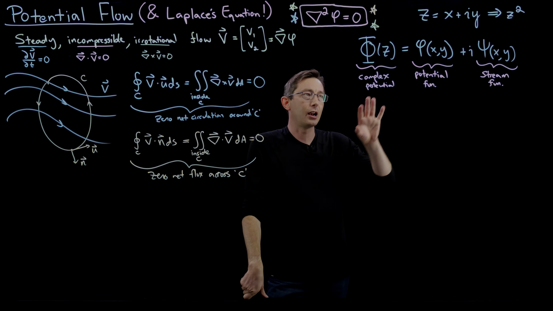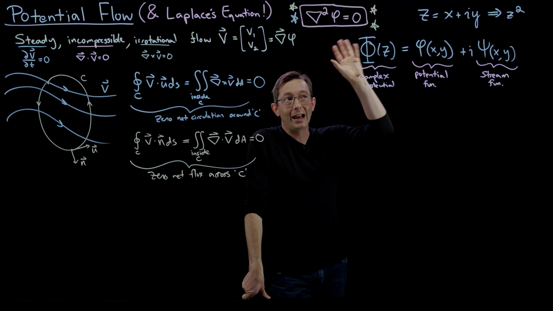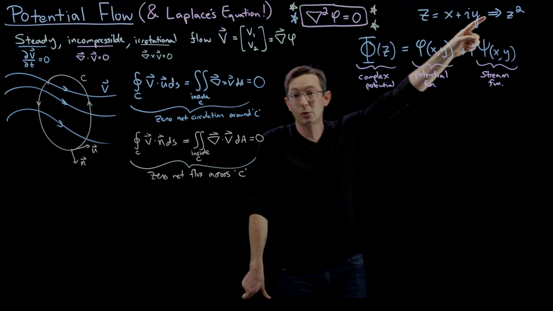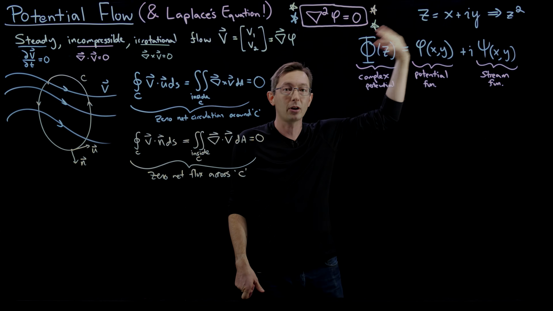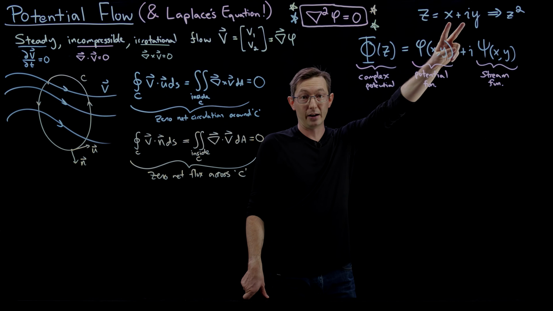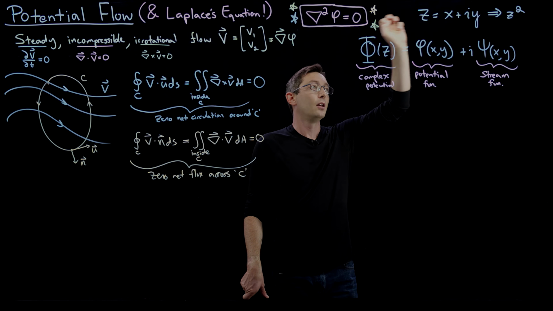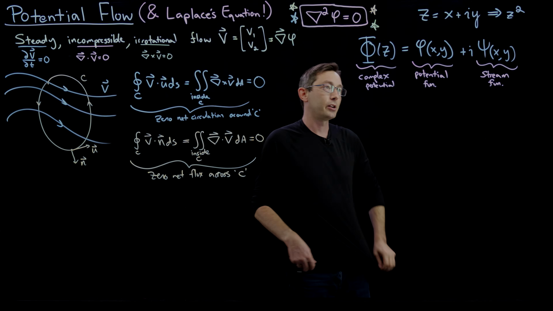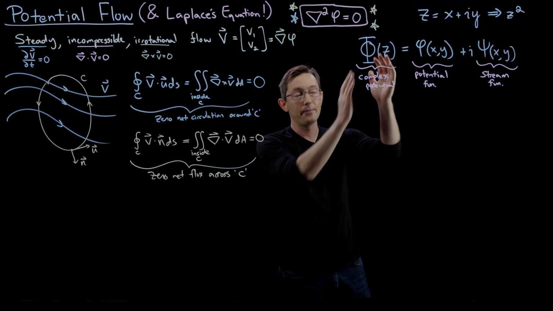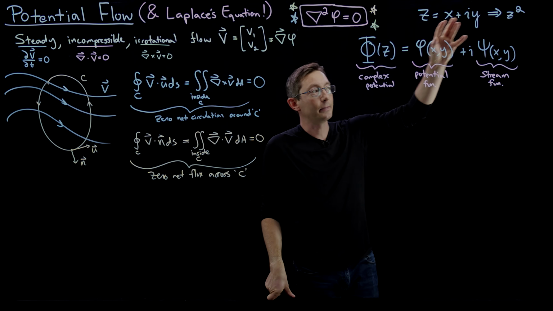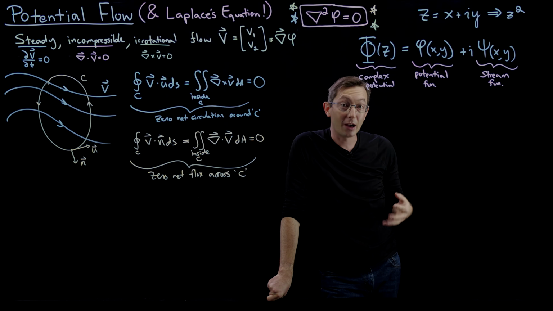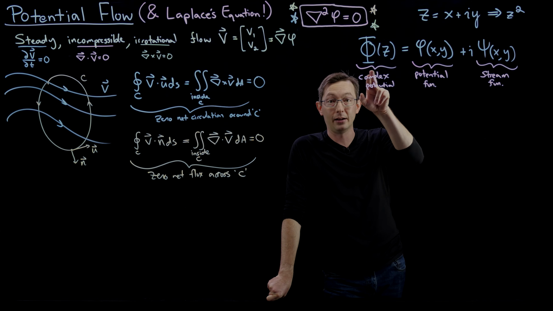And in the last lecture, I showed you that if you have an analytic complex function phi of z, this could be something like z squared, z to the third, z to the fourth, cosine z, sine z, e to the z, in terms of some complex variable x plus iy, where i is the square root of -1, the imaginary number, then for any of these analytic complex functions, if you look at the real part and the imaginary part of those functions, they have to satisfy something called the Cauchy-Riemann conditions for this to be analytic.